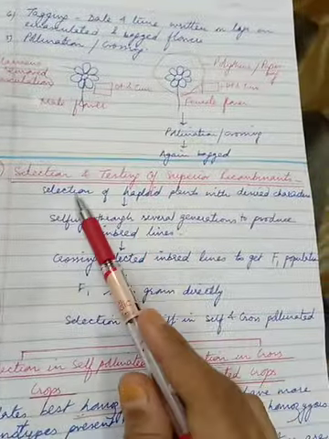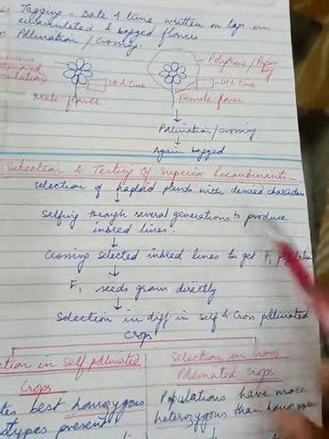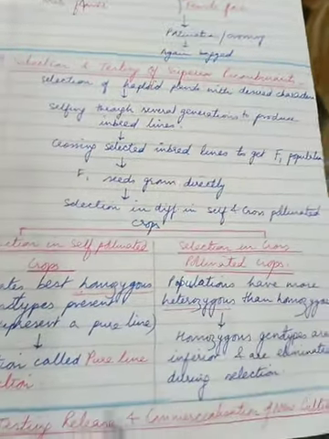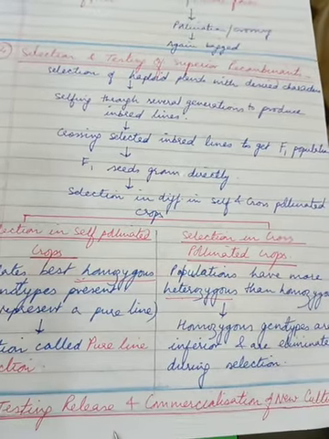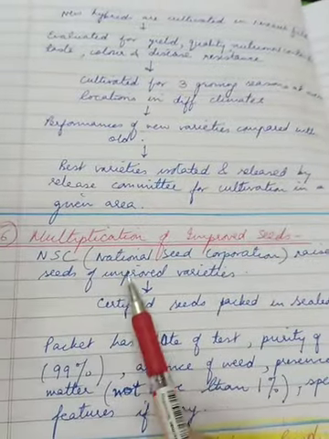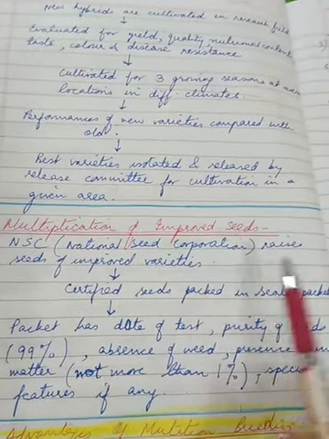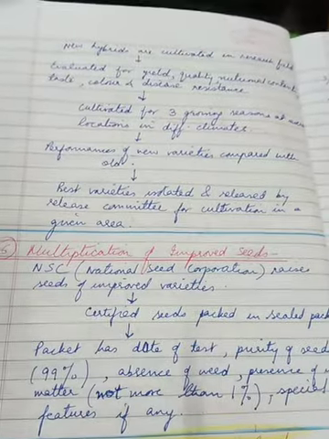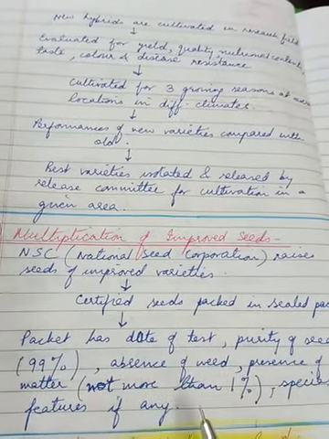The fourth step was selection and testing of superior recombinants. The fifth was testing, release and commercialization of new cultivars. And the last was multiplication of improved seeds. All that we did in our first video on this topic.